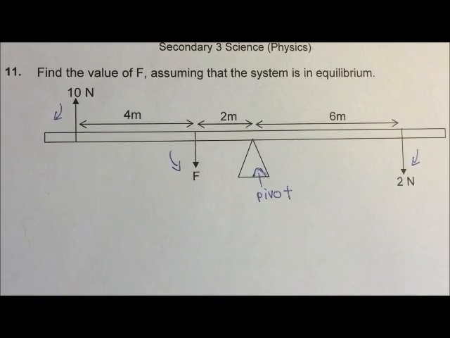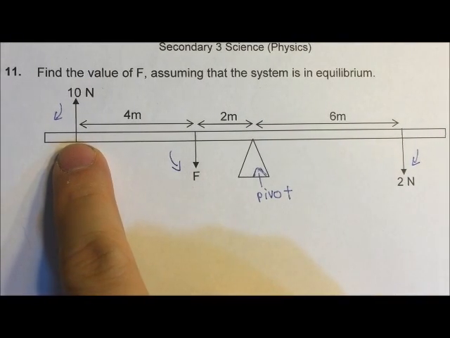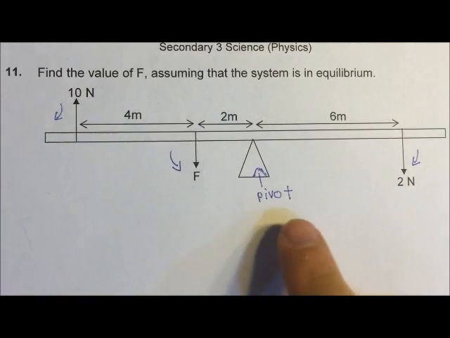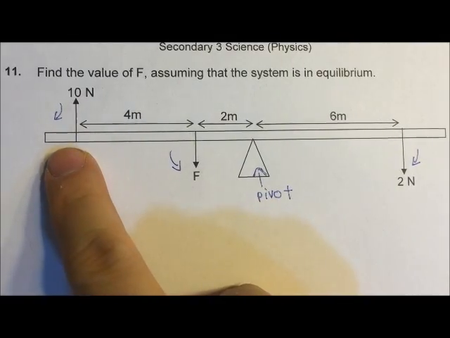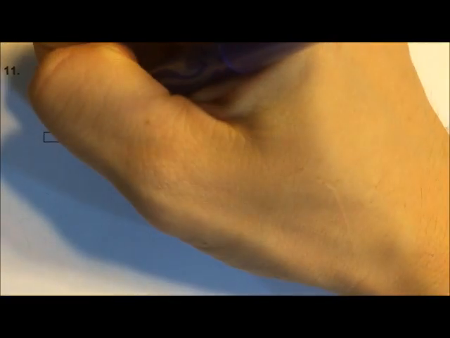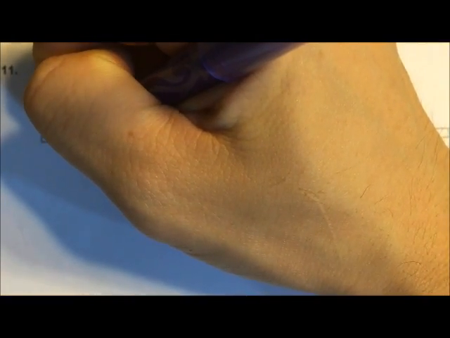Now, next, third step, we must identify the perpendicular distance. So, for the 10 Newton force, what will be the perpendicular distance? Remember that perpendicular distance must be from the pivot to the force, and it must form a right angle.